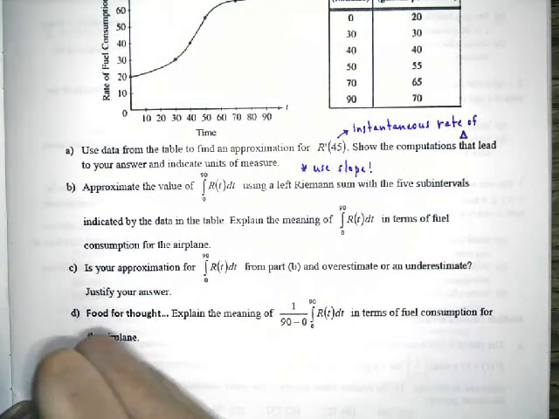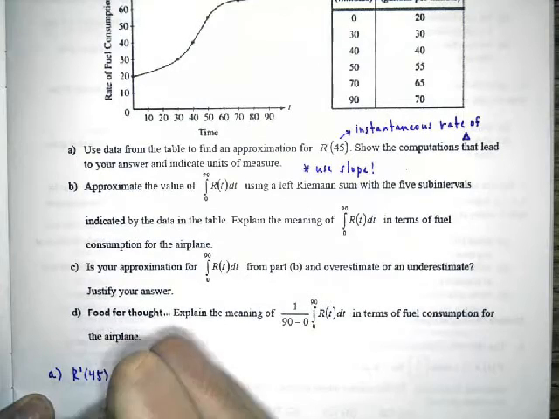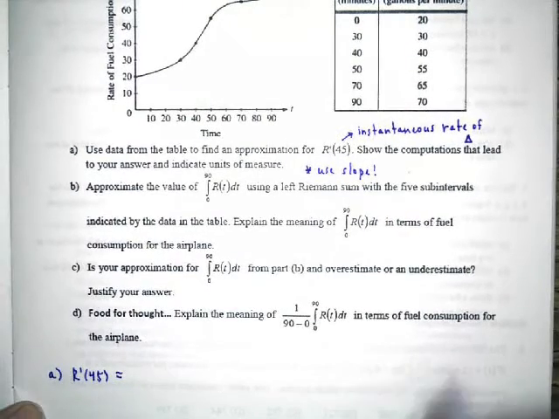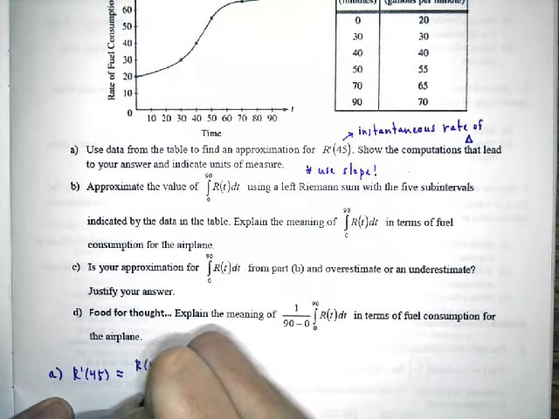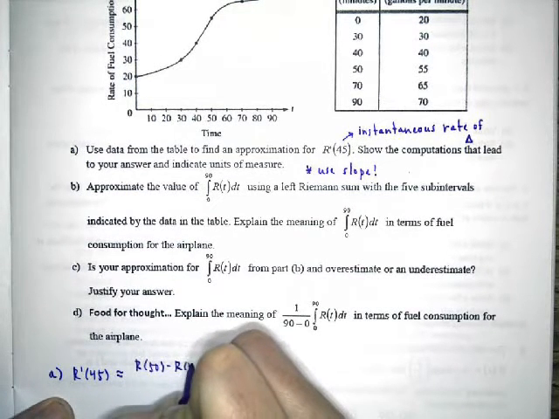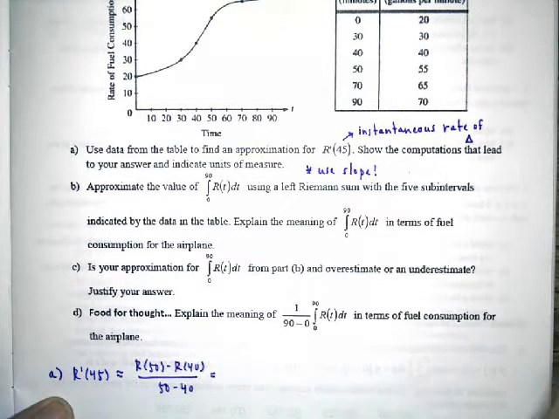So using the table, I want to pick values that are close to 45, so I'm going to choose 50 and 40. So I know this is going to be r of 50 minus r of 40 over 50 minus 40.